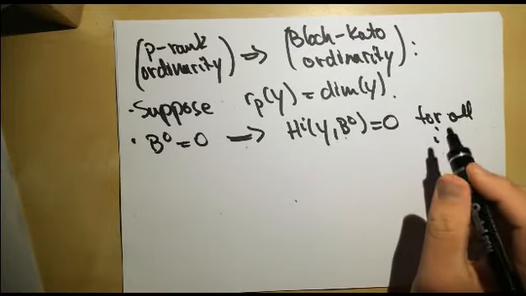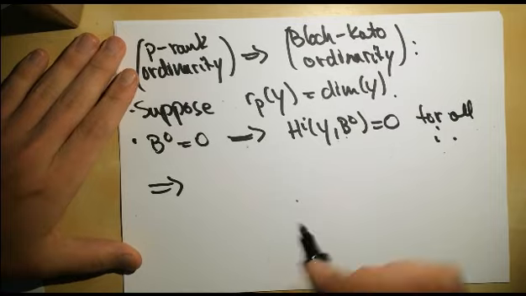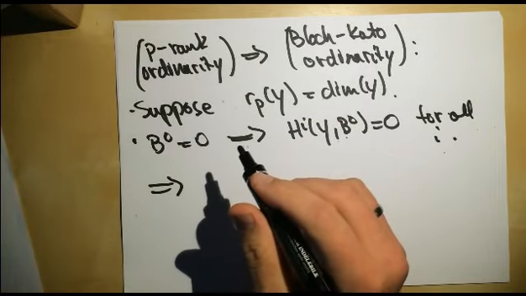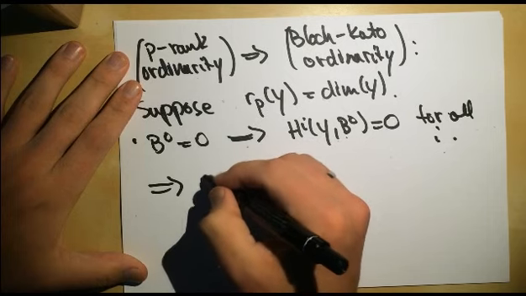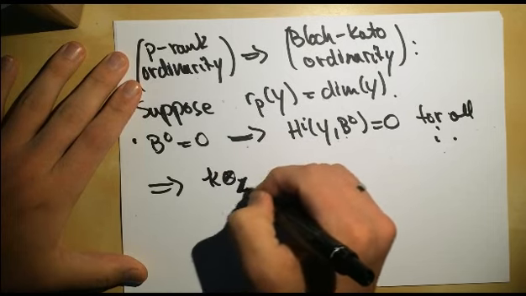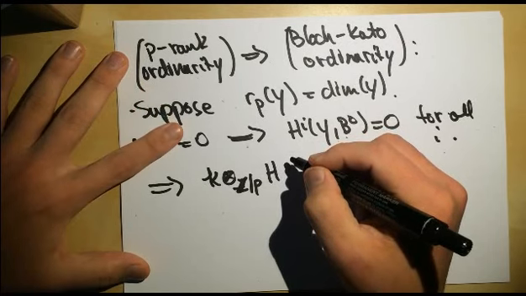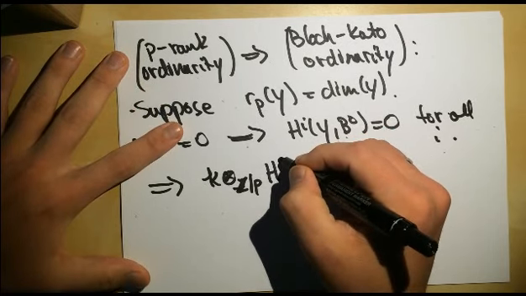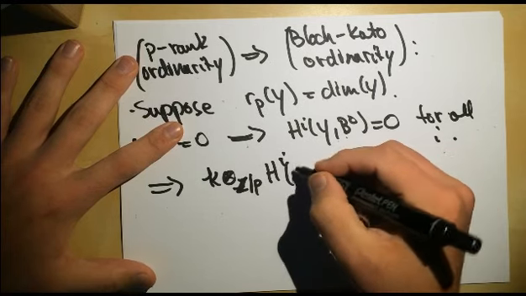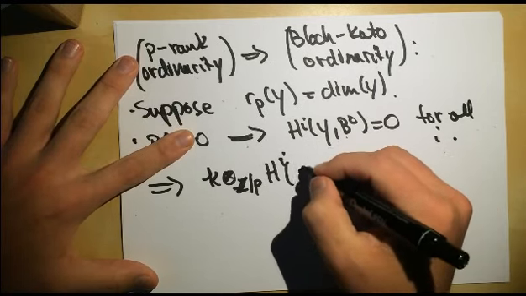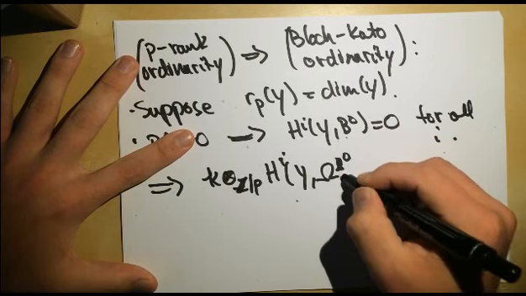Okay, and under these conditions, the Bloch-Kato lemma says that this map here goes to H^0, so H^i of Y, omega 0.